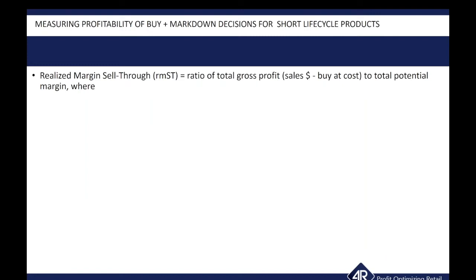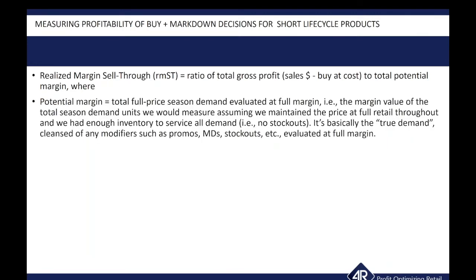So we came up with a more fine-tuned metric to measure actual performance. We call it realized margin sell-through. It's a little bit of a mouthful, but basically it is the ratio of the total gross profit, which is sales dollars minus the buy at cost, to the total potential margin. Total potential margin is the total full price season demand evaluated at full margin.